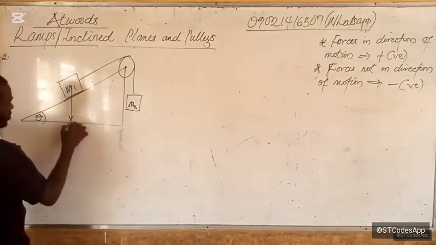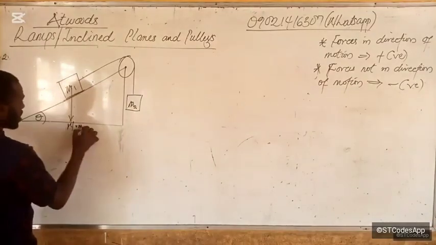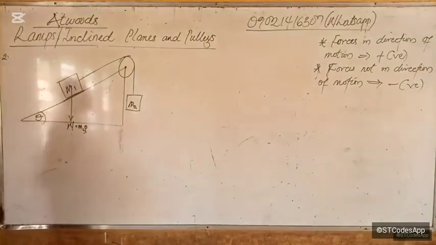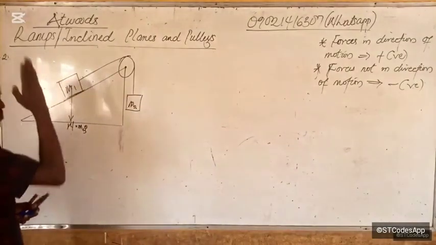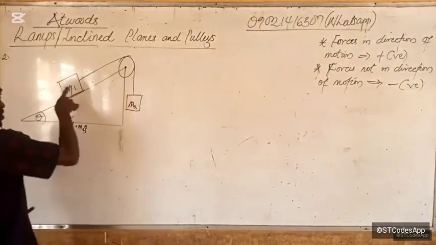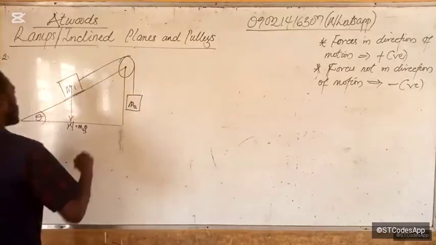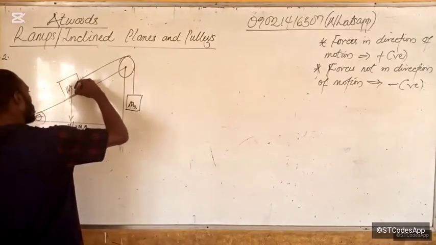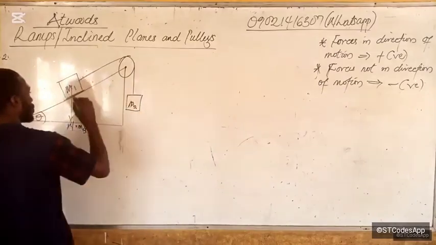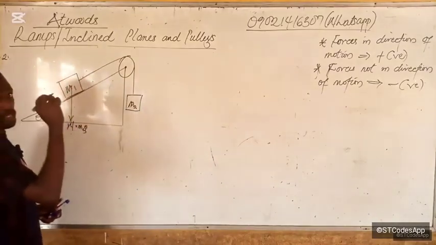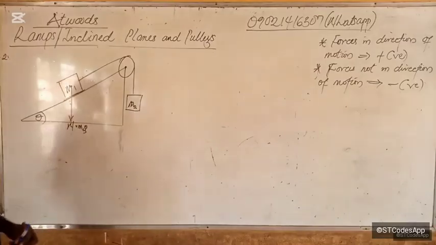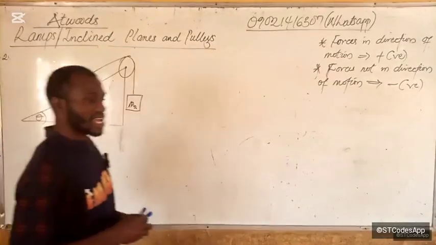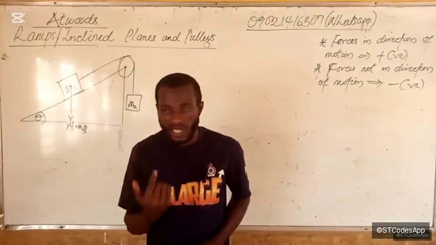That will be weight, which is equal to, in this case, m1g. The weight of the body is always vertically downwards, and draw it from the center of gravity, I've told you.